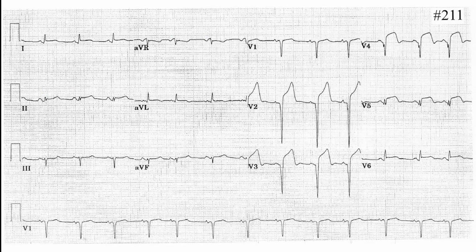Axis. So lead 1 is positive and AVF is negative, but D2 is positive, so it's okay. It's left deviation, between 0 and -30. That's okay, good.